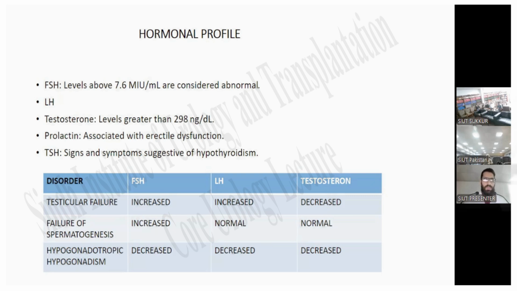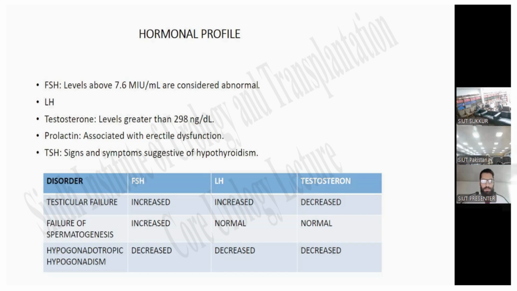LH is usually ordered. Testosterone levels greater than 298 nanograms per deciliter should be there. Prolactin is associated with erectile dysfunction, and TSH can give the diagnosis of hypo or hyperthyroidism.